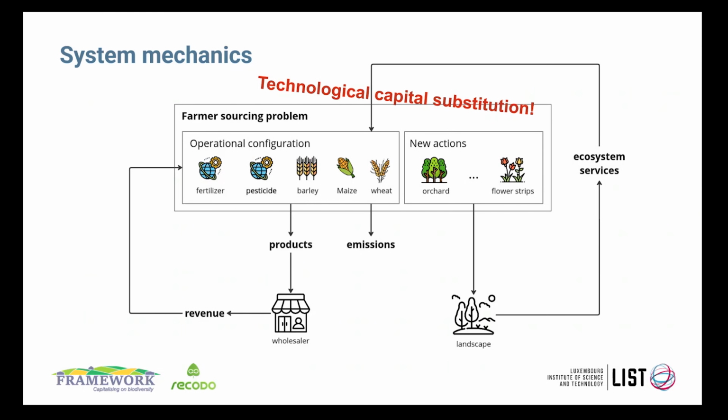So that's why we were very interested in not only studying the ecosystem metrics, but also the life cycle assessment metrics, because this is a system that is affecting also the farmer's operational configuration.